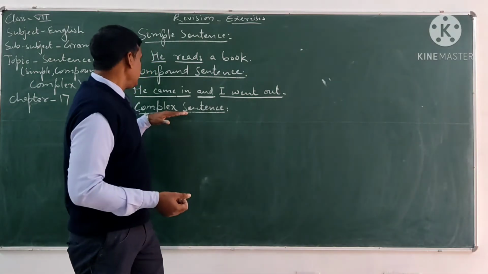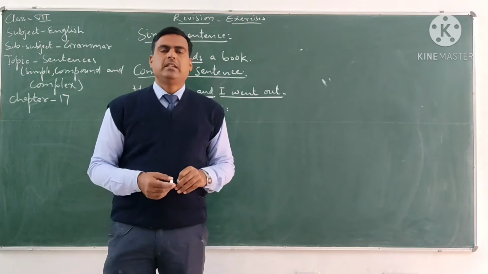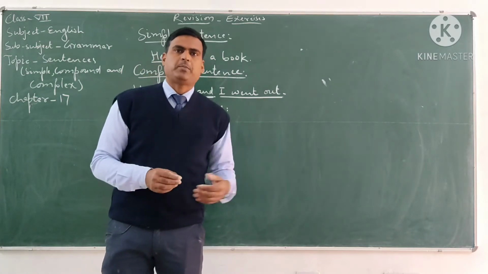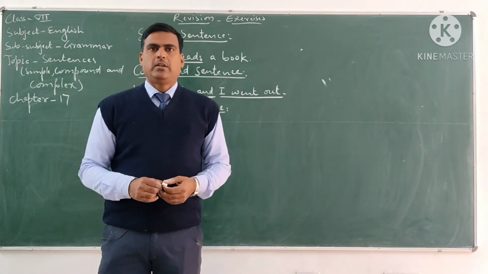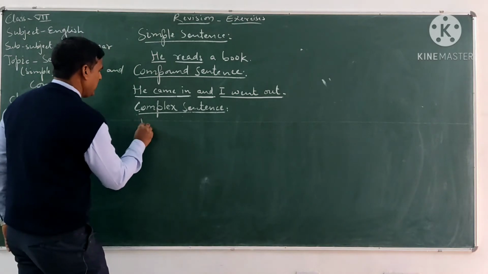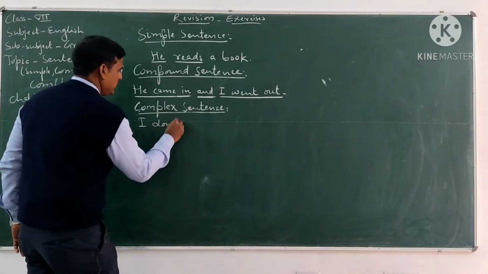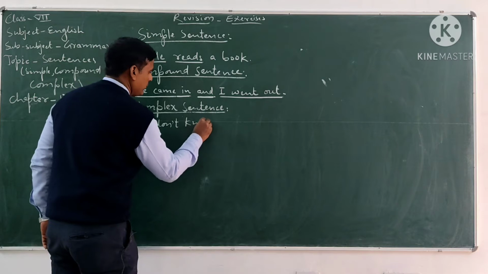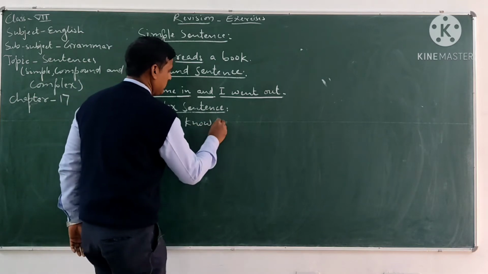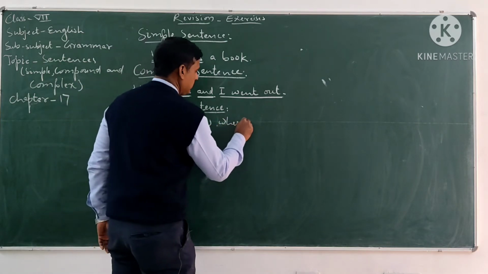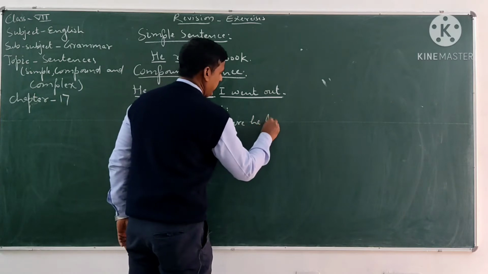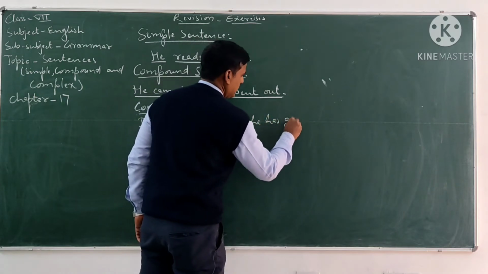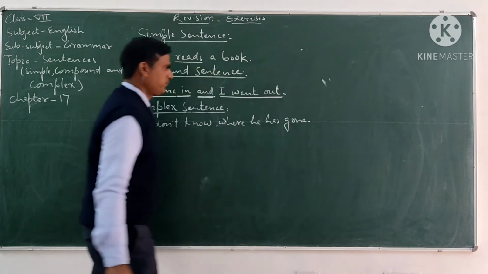The clauses that are used in complex sentences are dependent on the principal clause. For example, I don't know where he has gone. Full stop.